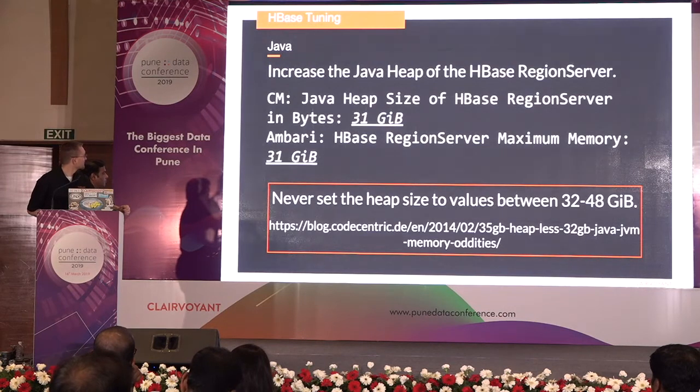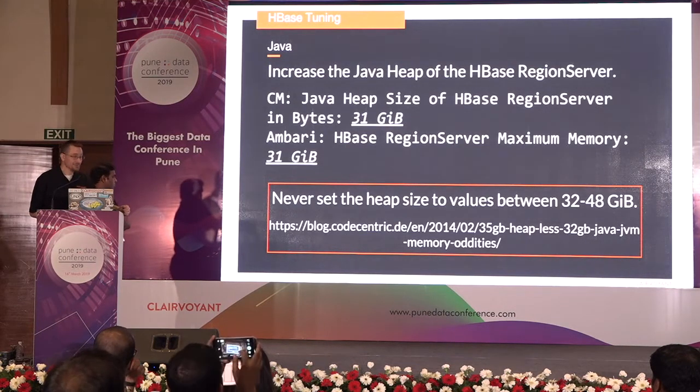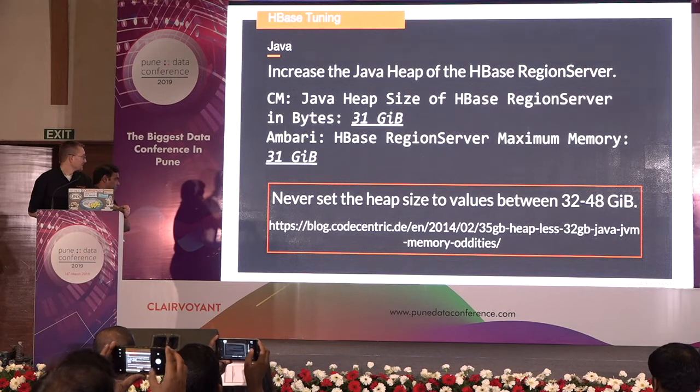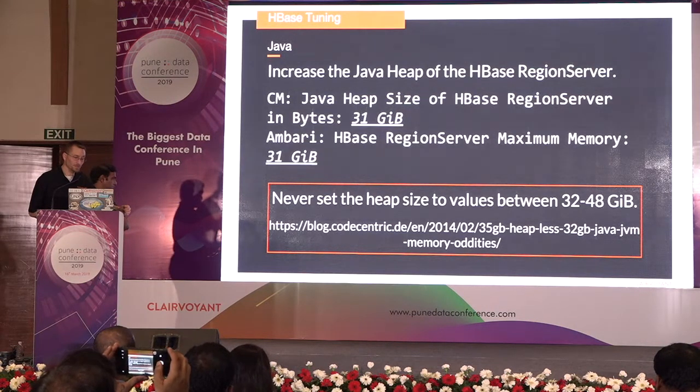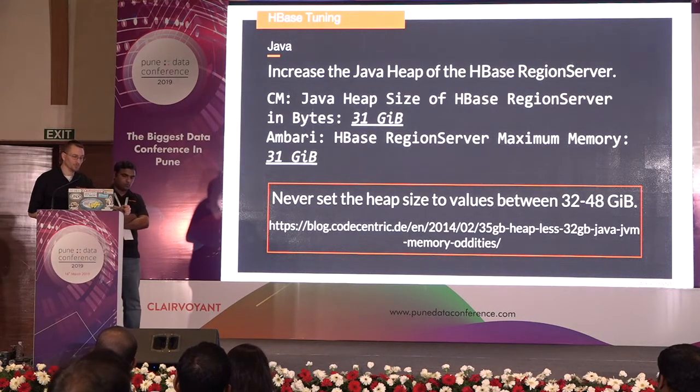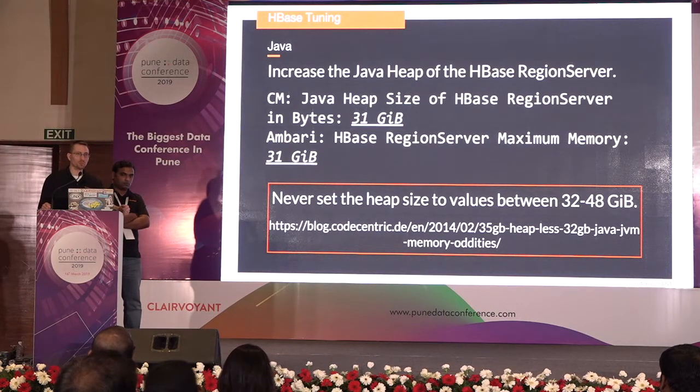Did I just skip one? Aha. And that reason, not to set the value between 32 and 48 gig, is there's this functionality inside the JVM called compressed OOPs, ordinary object pointers. And it's the way the JVM stores pointers to portions of memory.